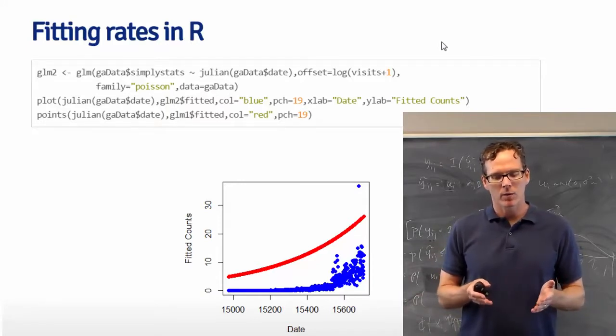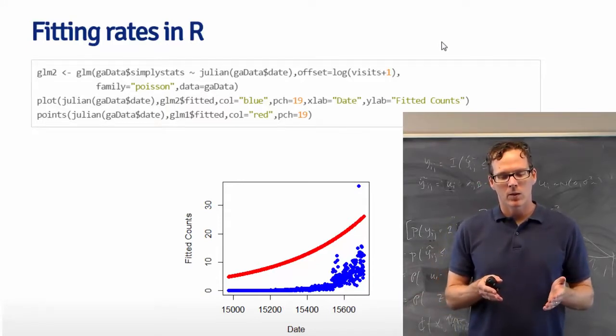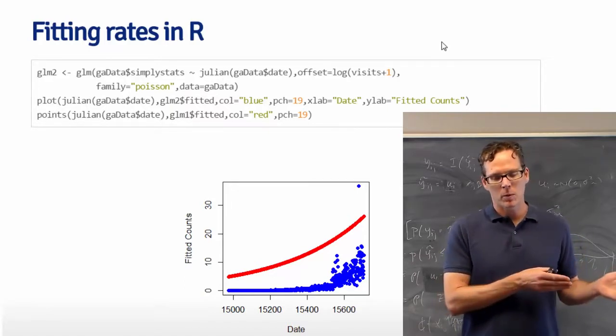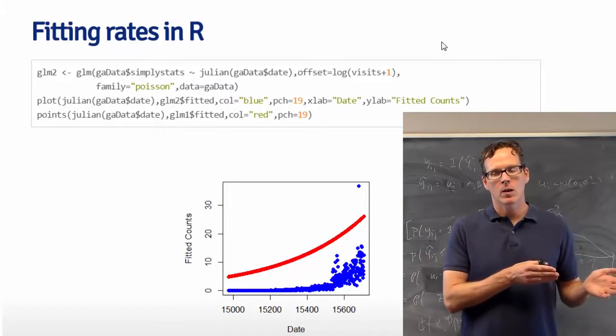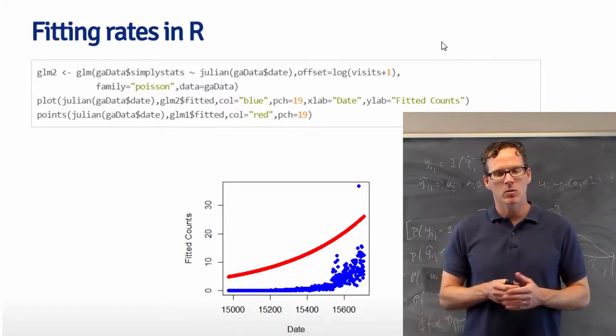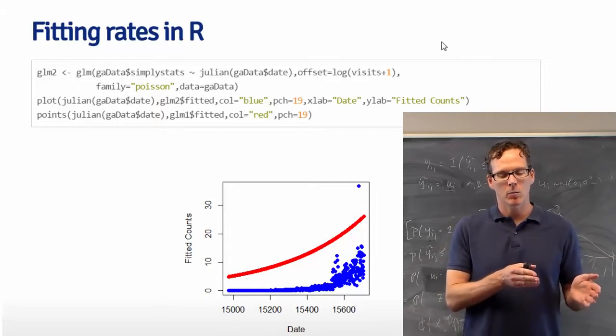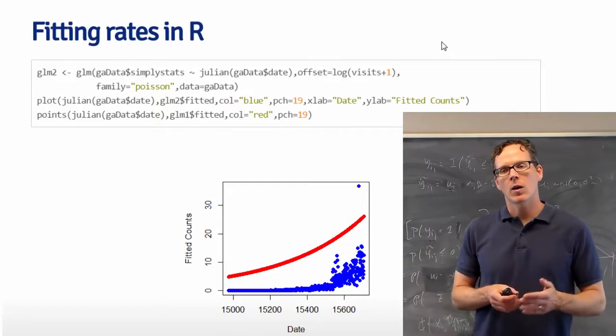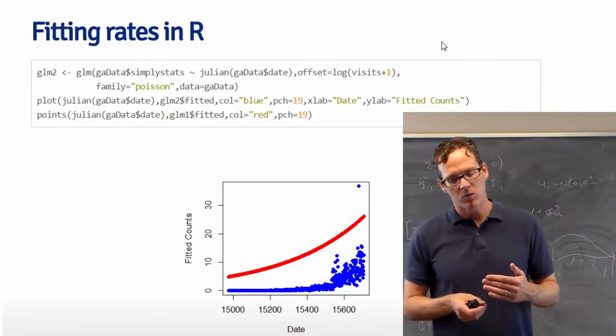Here Jeff gives the difference between the GLM1 fitted rates, which was the model for the outcome, the number of web hits, versus the GLM2 fitted rates, which was the relative number of web hits originating from Simply Statistics.